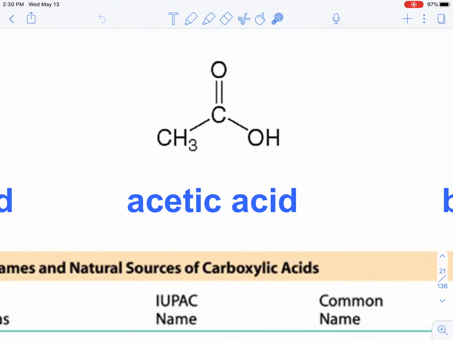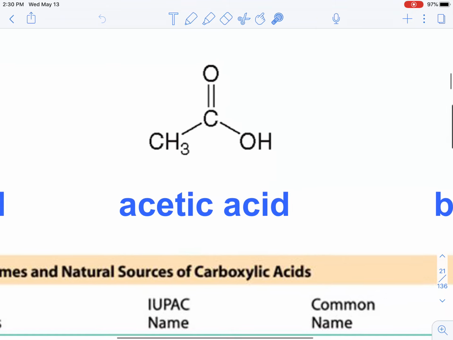If you have a carbonyl carbon that's covalently bonded to another carbon, in other words, a 2 carbon carboxylic acid, then its common name is going to be acetic acid. And acetic acid is typically what's found in vinegar.